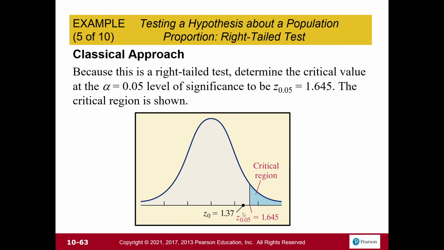Well, our test statistic did not go in the critical region. It doesn't exceed 1.645. Since we're using alpha of 0.05, that lets us know what our critical region is. So that critical region is 5%. It's the top 5%. A 1.645 z-score separates the top 5% from the bottom 95%.